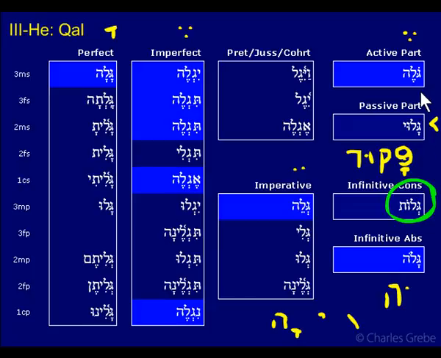The feminine plural active participle is golot. It's got the holem there. This one is gilot. That's the only difference, okay? So I would learn this as a vocabulary item. It doesn't fit the rules. It's a beast unto itself. This one's not bad because it's really much like the strong verb anyway. But this one you want to know just by itself.